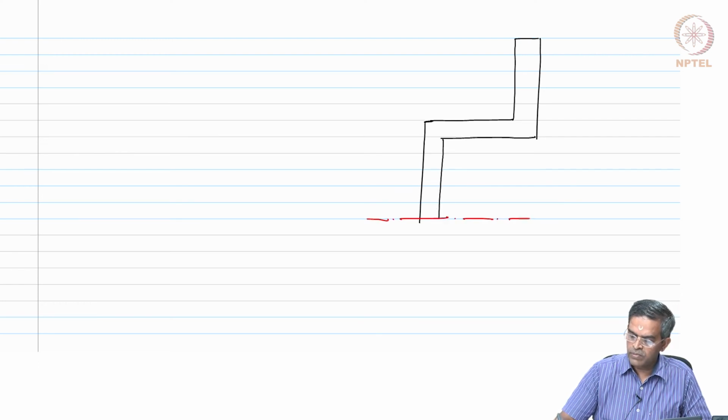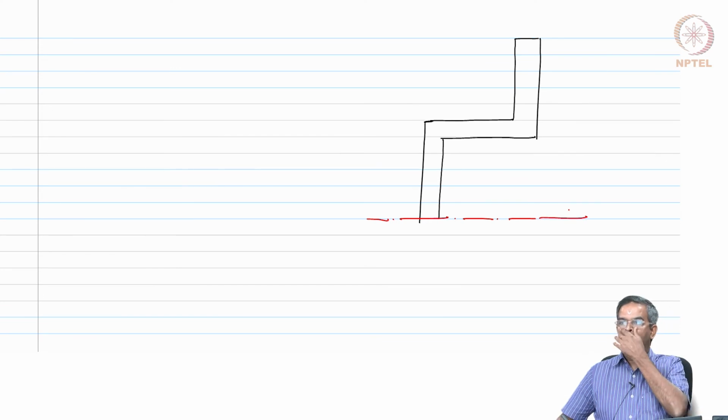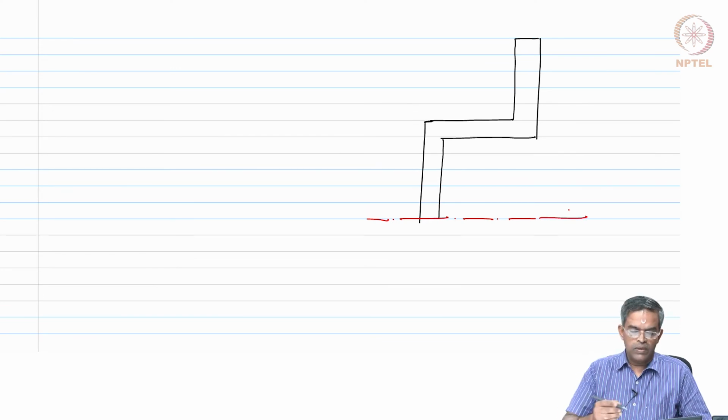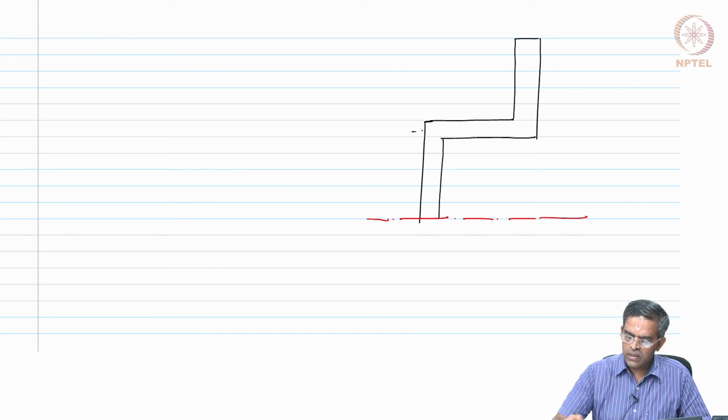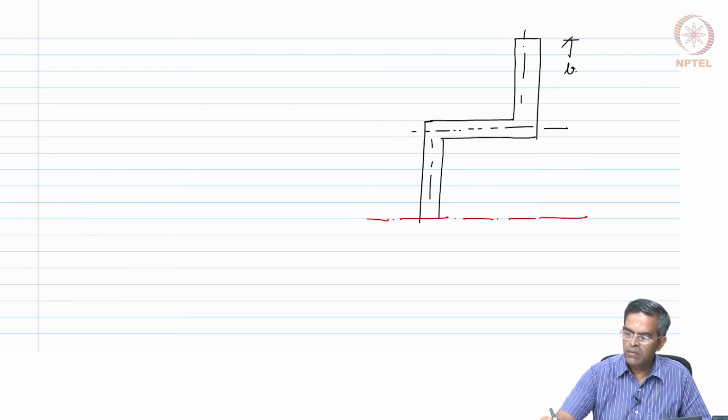This is my line of symmetry. We know this is B1. I am marking the center line. We know this is B1 and the thickness is T uniform.